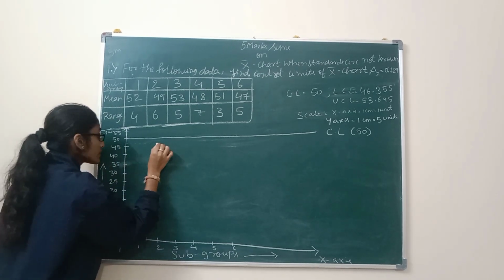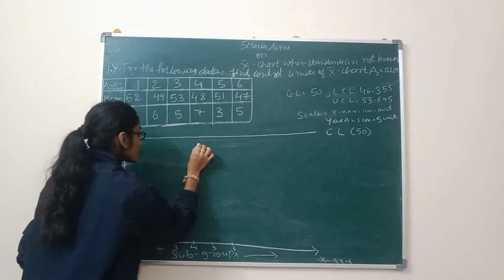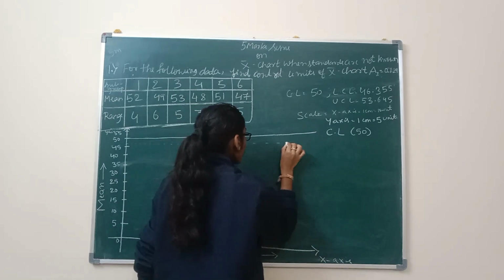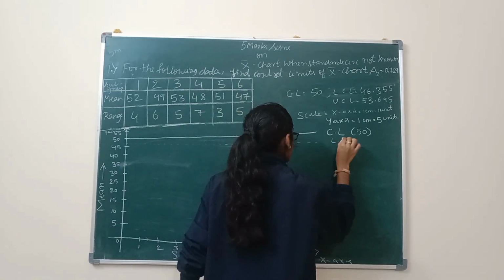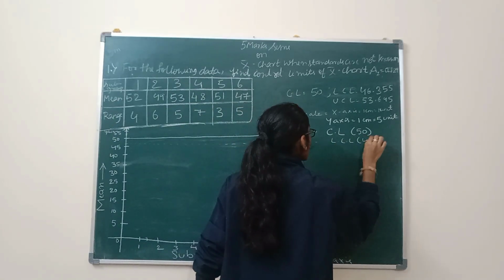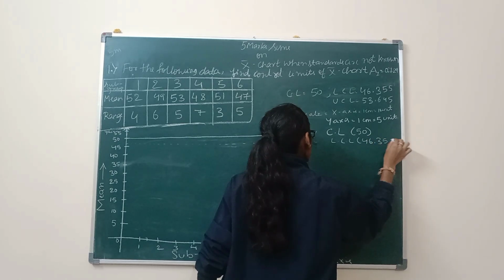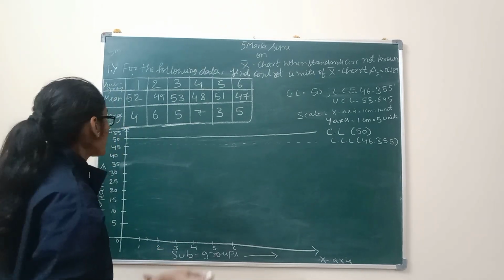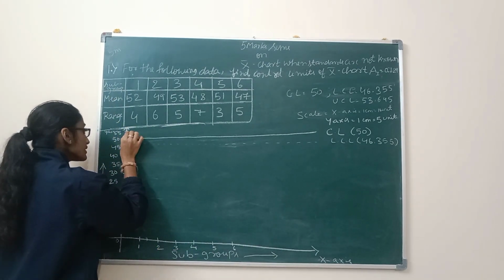I am going to plot it using a dotted line. Next, UCL we have 53.645. So 53 here.